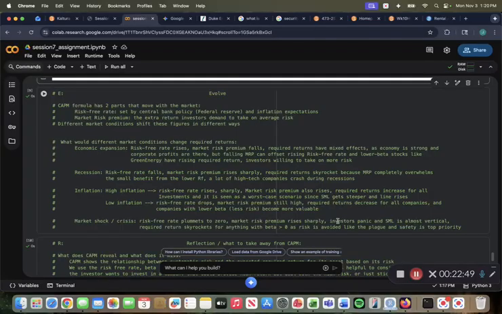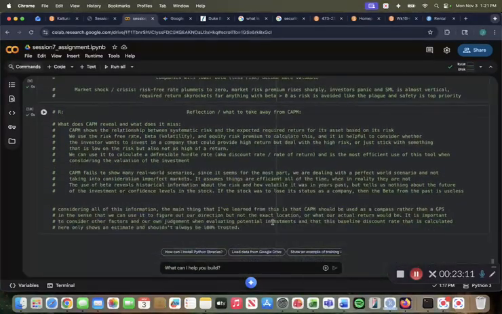Investors are not willing to take on any risk at all and, in fact, go liquid most of the time, don't even invest in the market. So this causes the SML to be almost vertical and investors panic, and the required return skyrockets for anything with a beta above zero, even if it's below 1, because safety is the top priority.